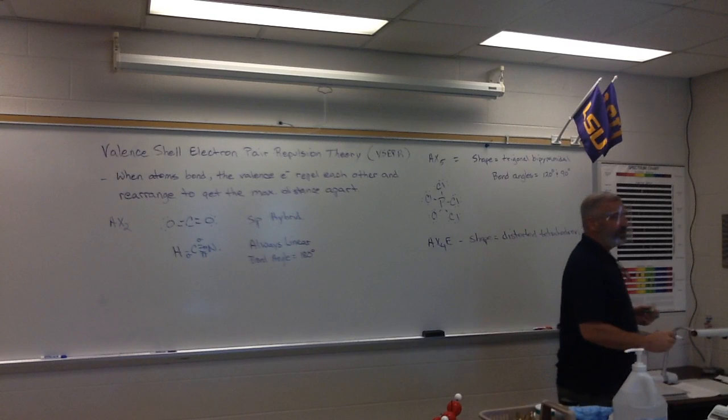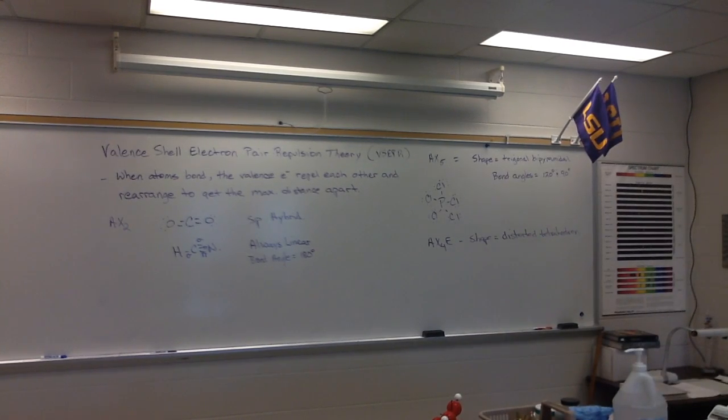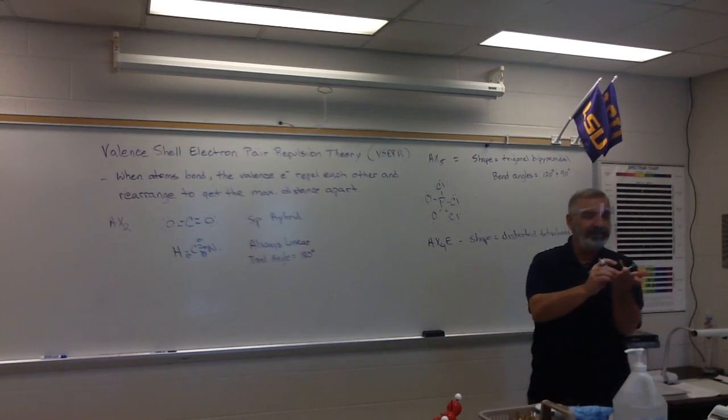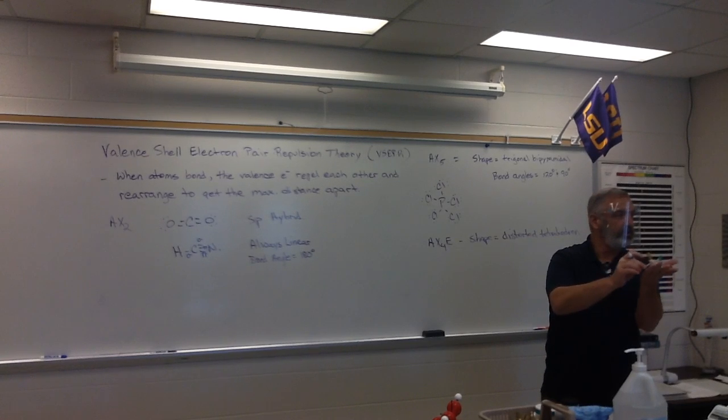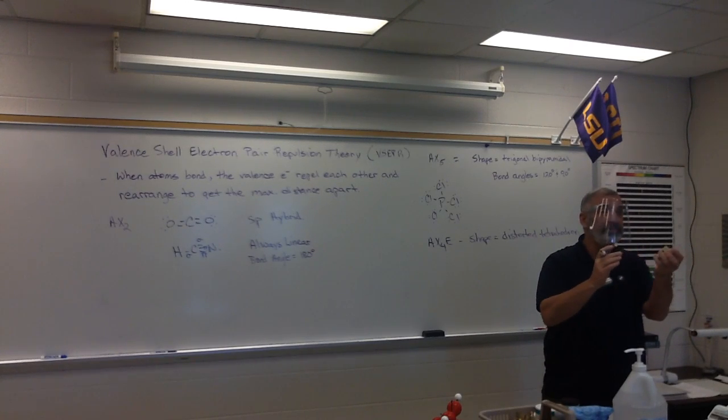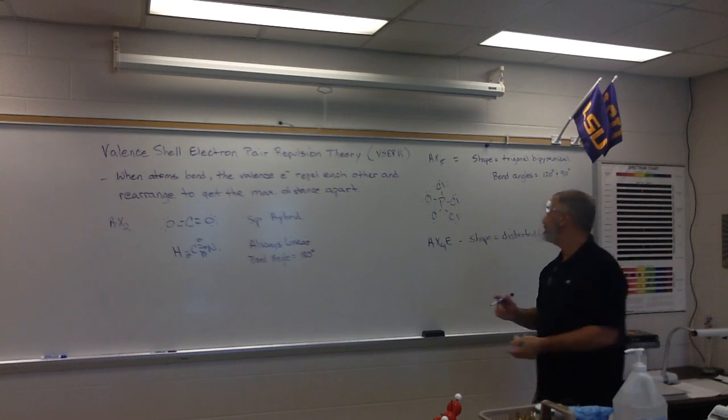Okay? A distorted tetrahedron. But someone said that's too complicated. It really just looks like a seesaw. Okay? Looks like on the playground, the seesaw. So an official scientific name for this shape is seesaw.